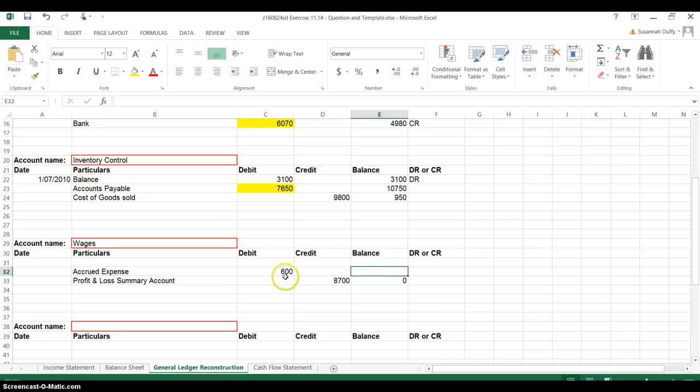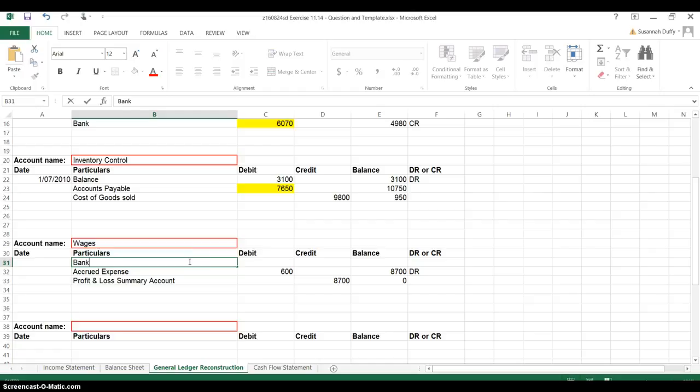At this point, we know we've got 6,000. To close it off, we had 8,700. So we know that that was our balance once we recorded that 6,000. Okay, which means we can figure out how much was actually paid in wages throughout the year, which will be that 8,700 minus the $600.